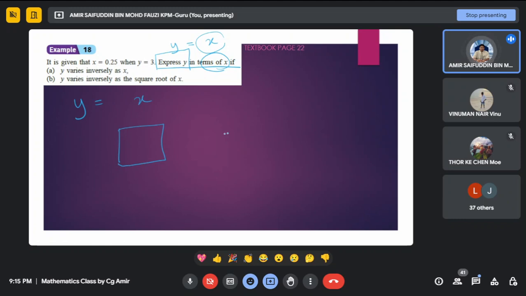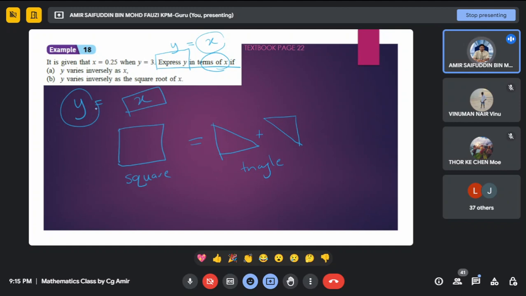A square here is equal to two triangles. This means we express the square using the triangle, in terms of the triangle. So express y in terms of x means give an answer of y using the x.